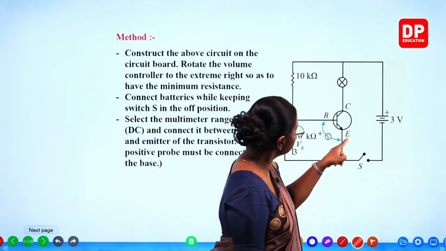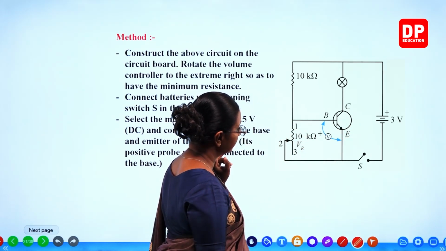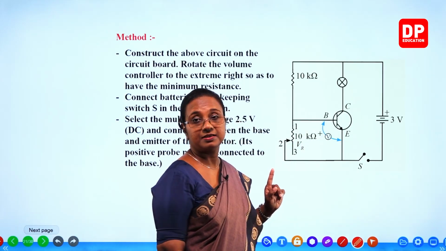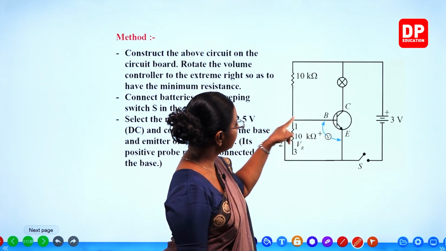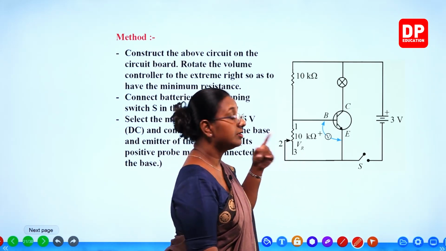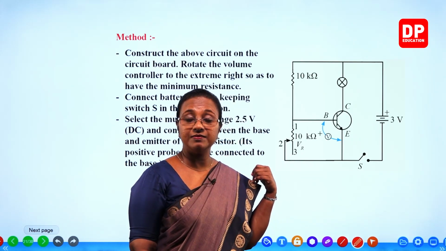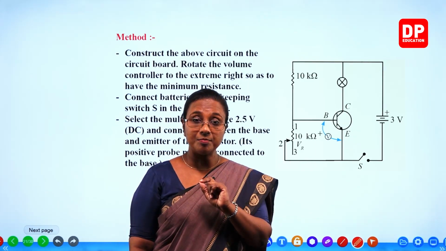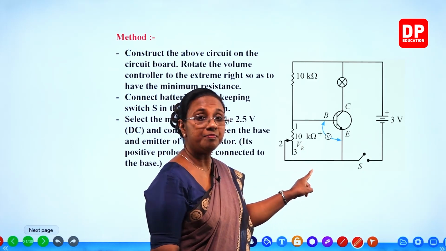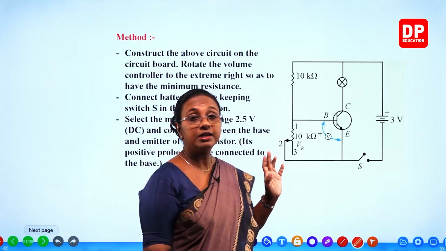Here you can see the NPN transistor and the terminals, emitter, base and collector. So here you can see base is connected to the volume control resistor. You saw in one of the previous activities, the terminals are numbered as 1, 2, 3 of the volume controller VR, and accordingly we need to connect it.